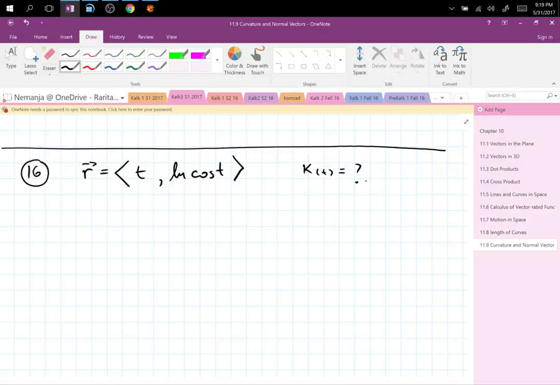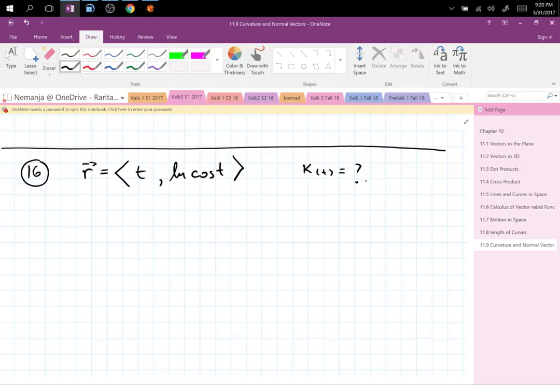Cosine squared equals one divided by secant squared, so you get one, negative tangent t divided by secant squared t. Why are you squaring that secant there?